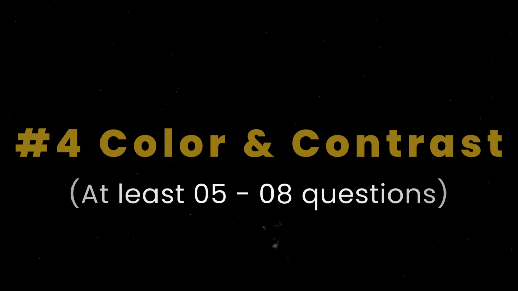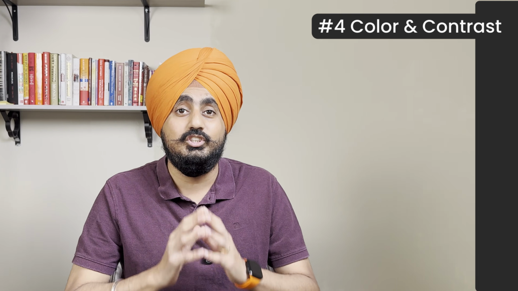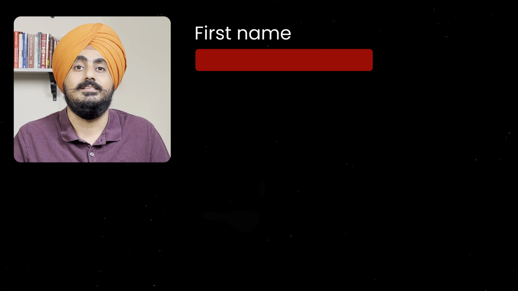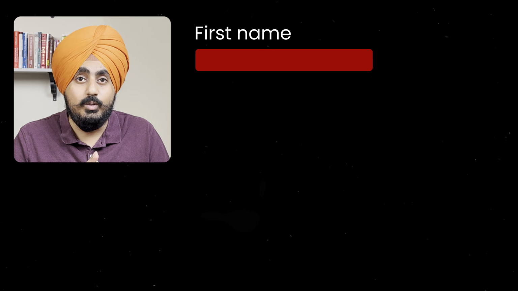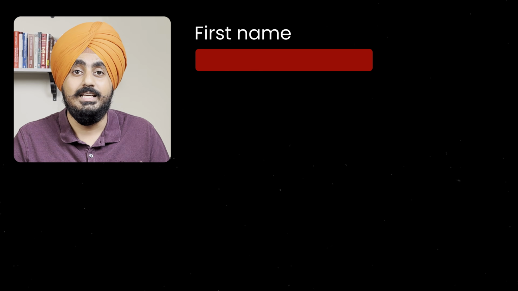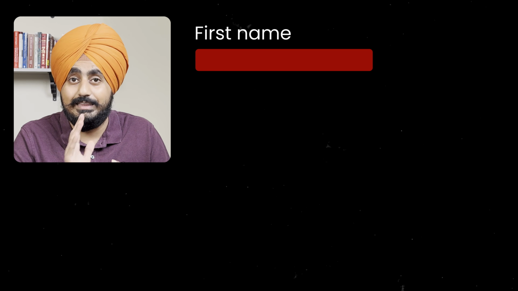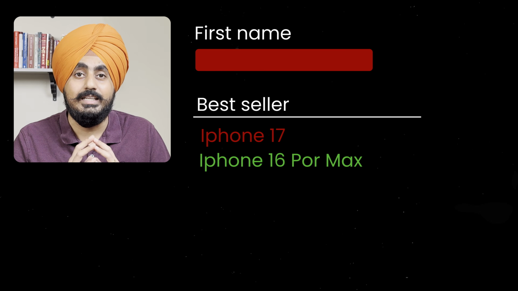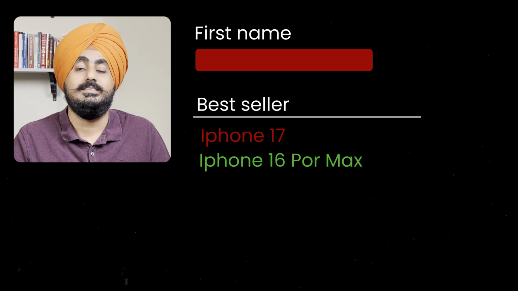This section catches people off guard, especially 13A, because it sounds easy until you start seeing it everywhere. A form field turns red when there's an error. No error text, no icon, and no explanation. Just a red outline. That's a failure. A sales dashboard shows available product in green and sold out products in red.